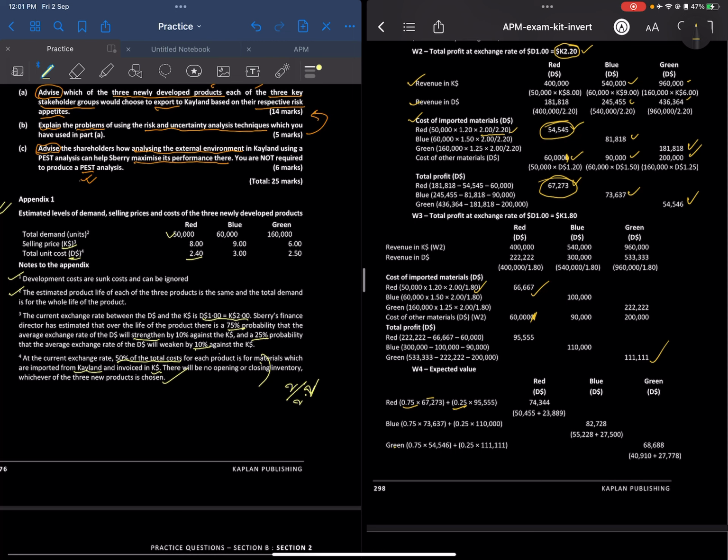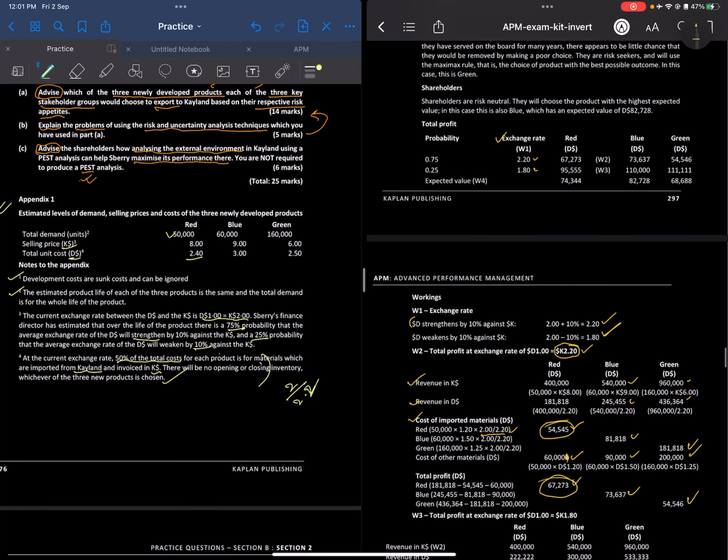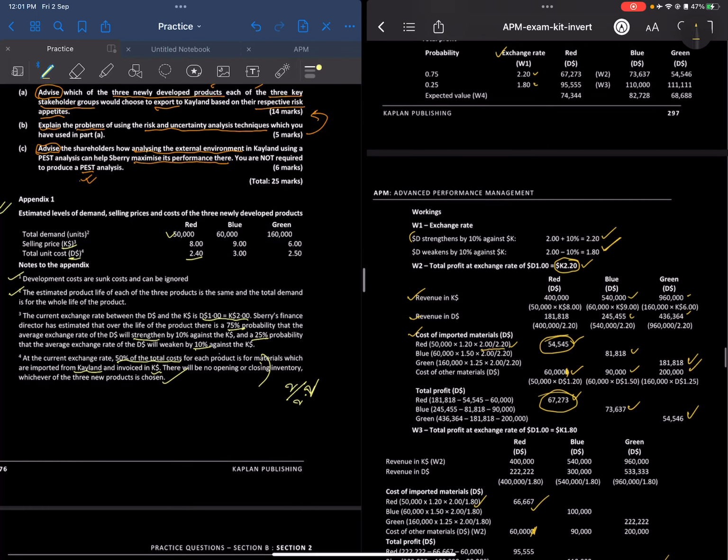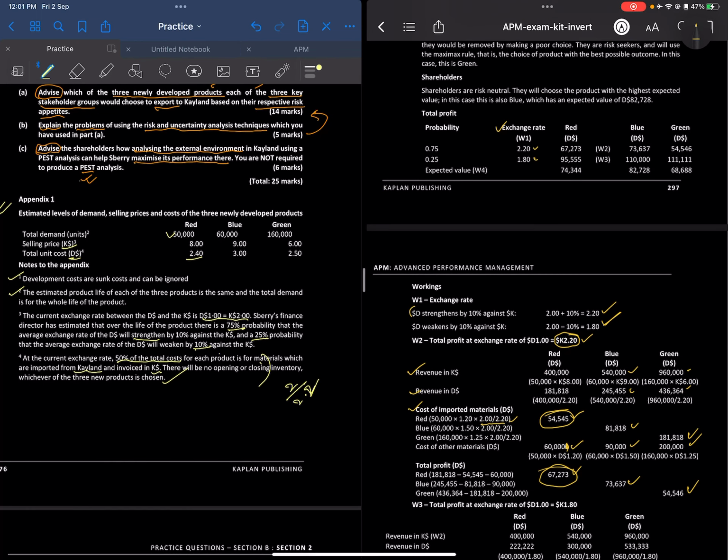What we need to do is 75% times your total profit plus 0.25 times your total profit. That will give us a value for red of 74,000. For blue it is that, and green is that. All right, let's bring those values up. That's the expected value that we've computed.